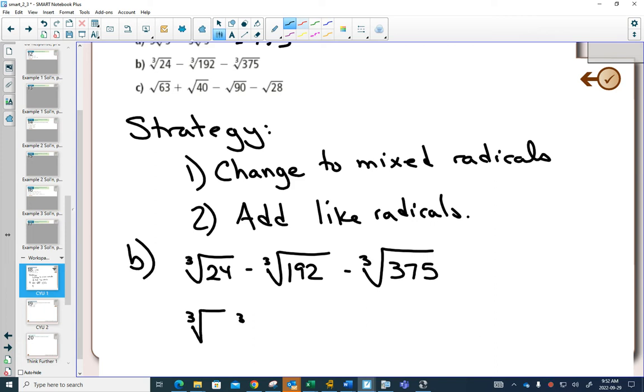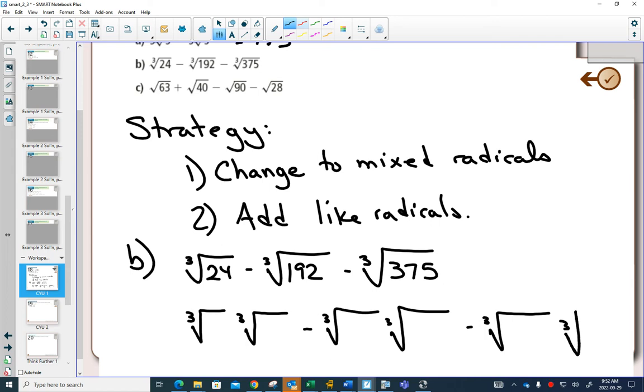And what we do to write it as a mixed radical, and I'm just going to get it set up, is we break up each of these numbers. So we're going to break up 24. And the first one that you're going to write has to belong to your powers charts for cubes.